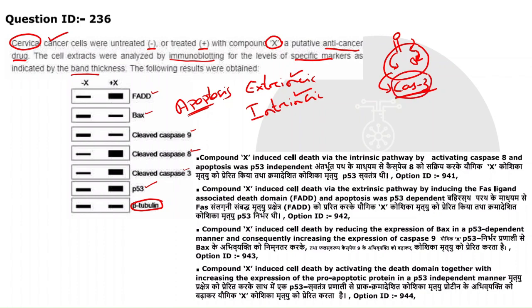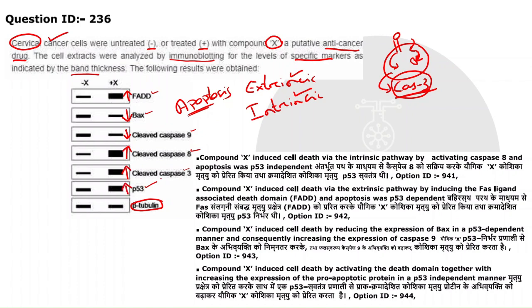Eventually they activate Caspase 3, and Caspase 3 kills the cell. Let's see what the researchers found in this study. They found increased expression of FAD, decreased expression of BAX, decreased expression of Caspase-9, increased expression of Caspase-8, increased expression of Caspase-3, and increased expression of P53.